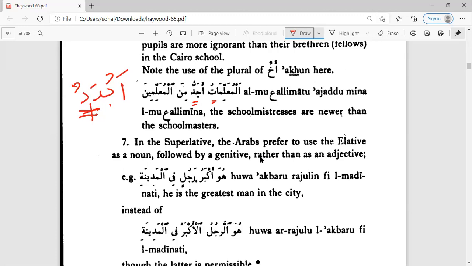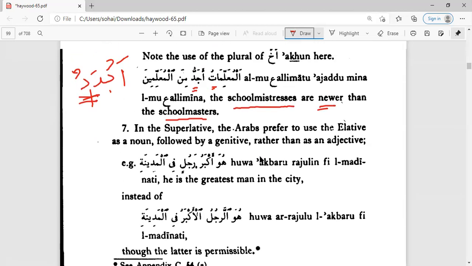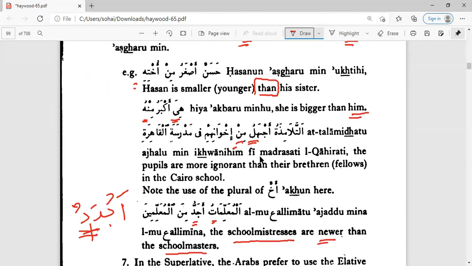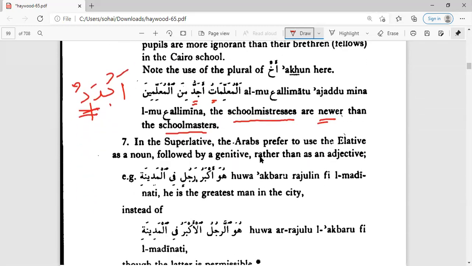The schoolmistresses are newer, ajaddu. Jadid means new, ajaddu means newer than min al-muallimina, than schoolmasters. Al-muallimatu, schoolmistresses, female teachers, are newer than the male teachers, right? This is comparative. So we said better than, greater than, smarter than.